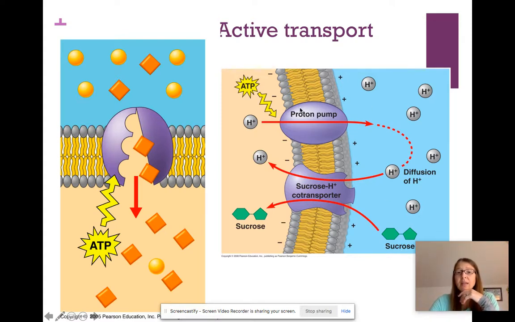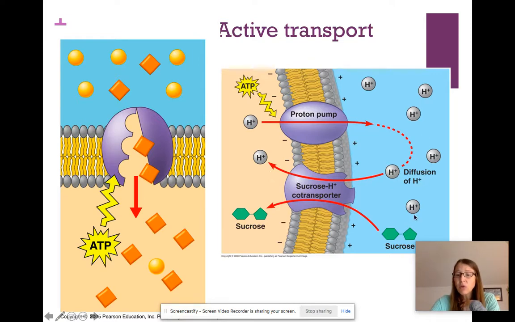So in this case, energy gets used by this proton pump to move a bunch of hydrogen ions outside the cell. So now the concentration of hydrogen ions is high here and low here. So now it's going to want to diffuse down along its concentration gradient, and it can through this co-transporter.